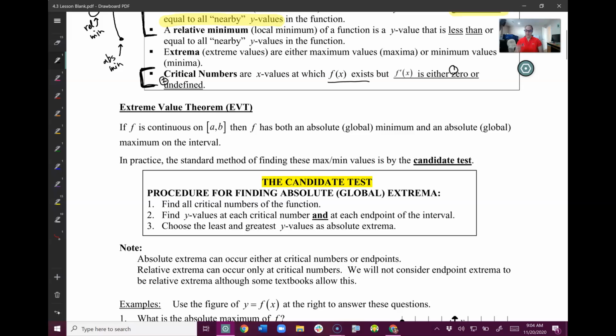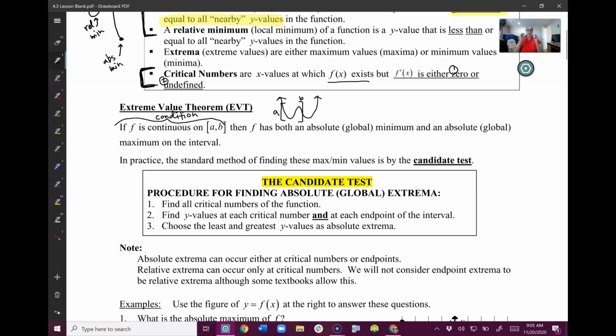Now let's do the extreme value theorem. This one, just like our other theorems, does have a condition. Here's our condition. If f is continuous on this interval [a, b]. So if I have, let's do a quartic function that looks like this. That's the whole function. But I'm restricting it to a, comma, b.